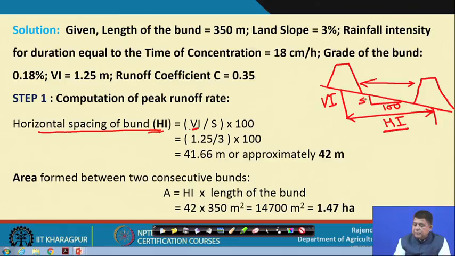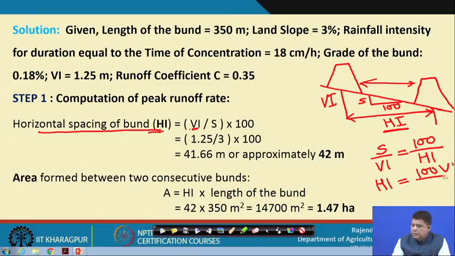So, this land slope is S percent, and generally we designate S for land slope. That simply means by equivalent triangle we can write that S by VI equals 100 by HI, or HI is equal to 100 VI by S.